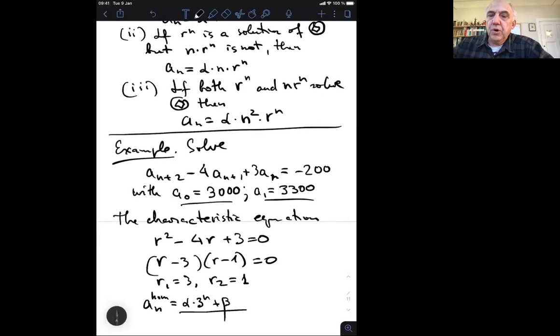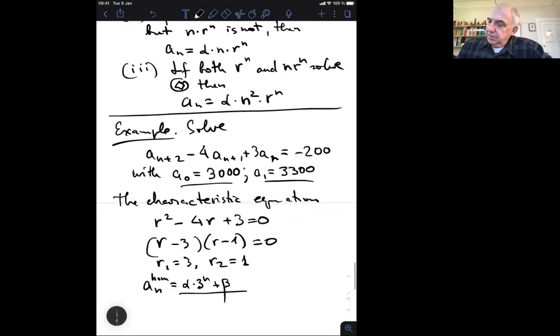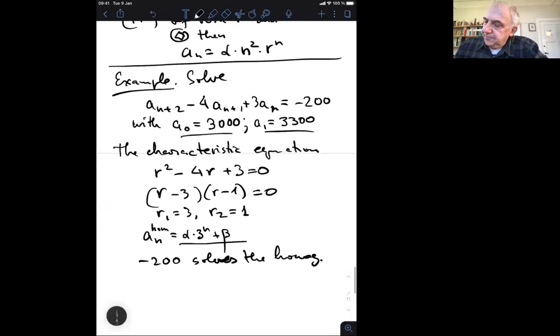In particular, a constant satisfies this equation. So we are in the special situation: minus 200 solves the homogeneous equation. So we are in case number 2.